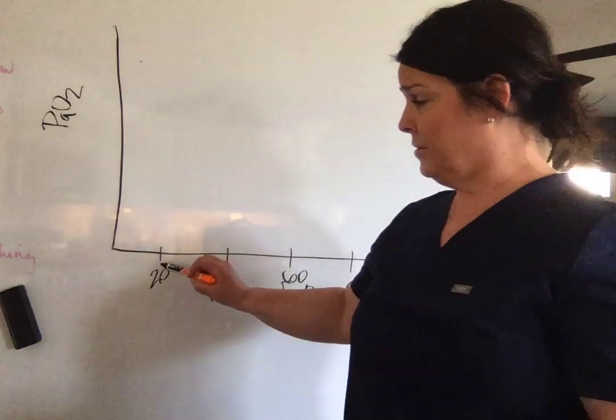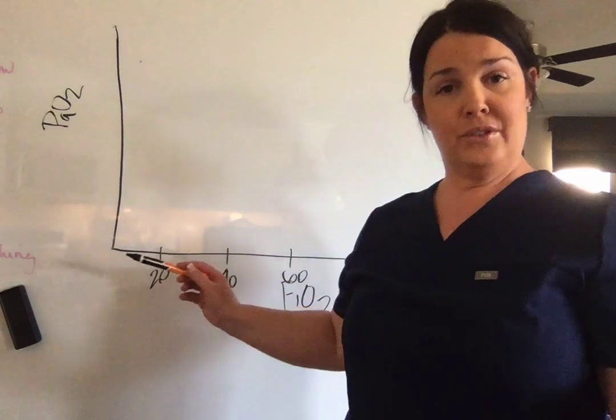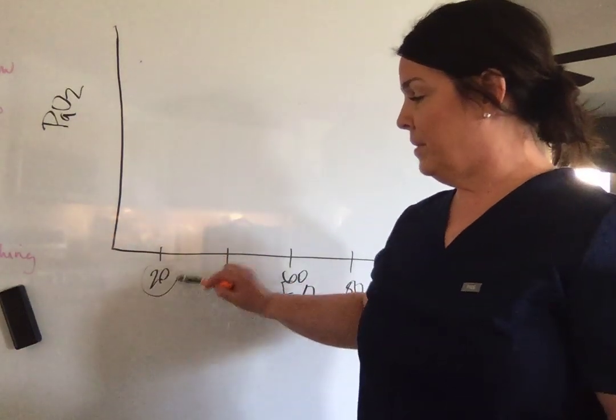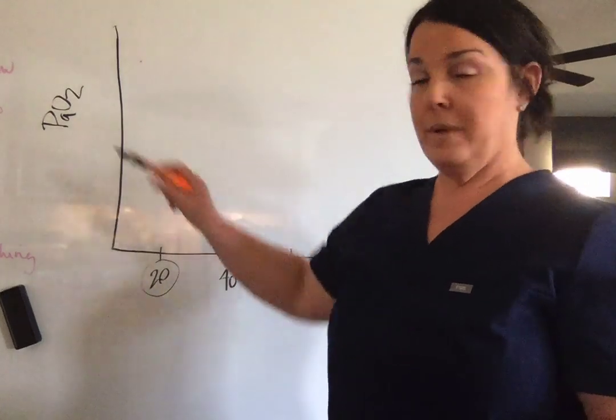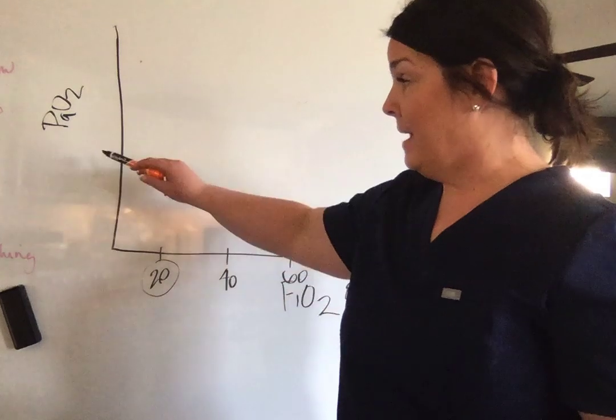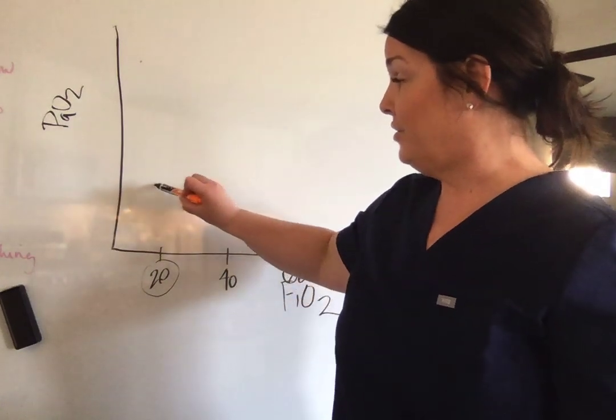I like to start with things you know, so then you can build the things around that. If you start with we breathe in 20% oxygen, when we do a blood gas on a healthy patient with healthy lungs, we expect the PaO2 to be somewhere around 100.